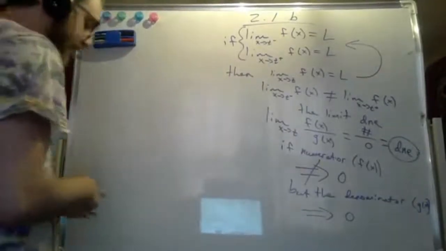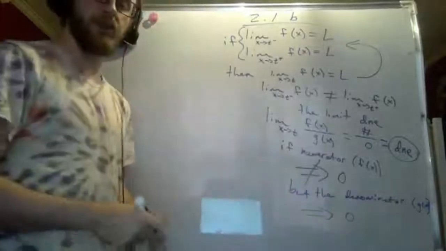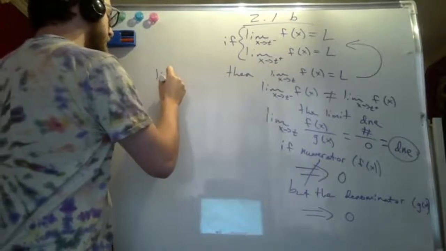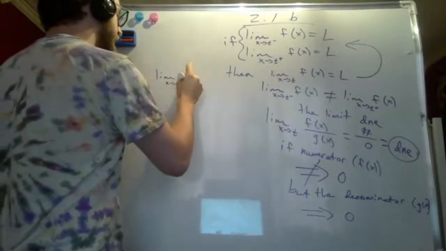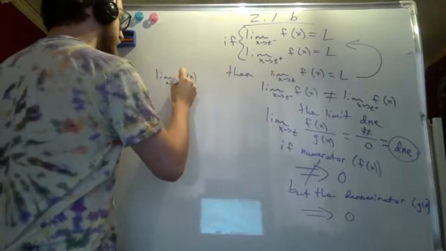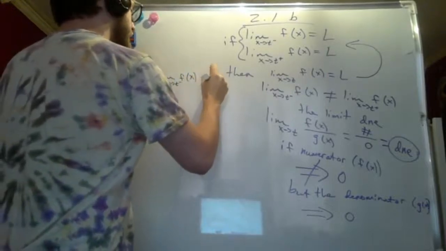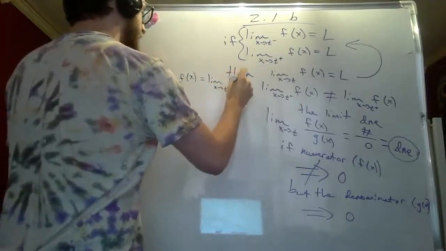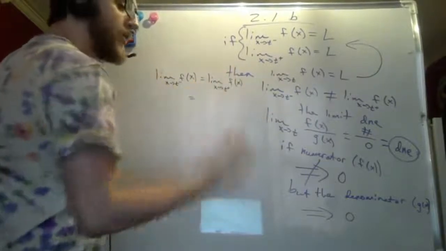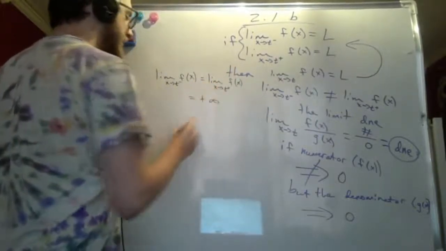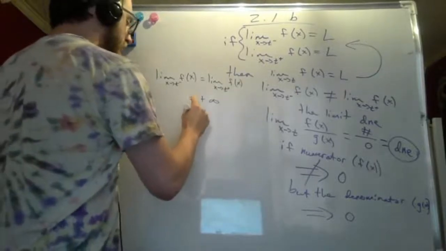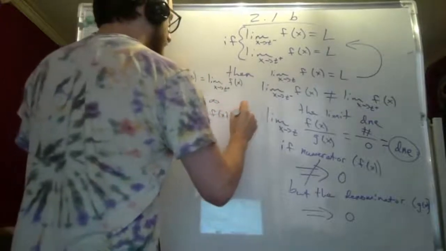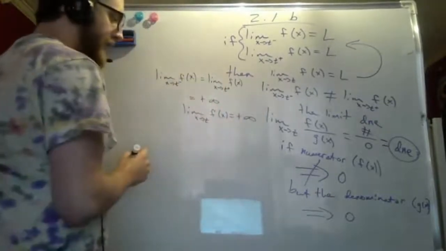However, for the purposes of this class, and in general, what's usually done is that we say if the limit from the left of f of x is equal to the limit as x approaches t from the right of f of x, and they both equal the same sign, so they're both positive infinity, well, that tells us the limit as x goes to t of f of x is positive infinity.